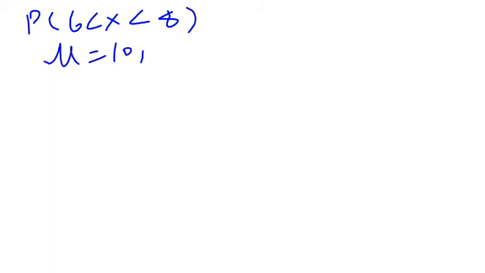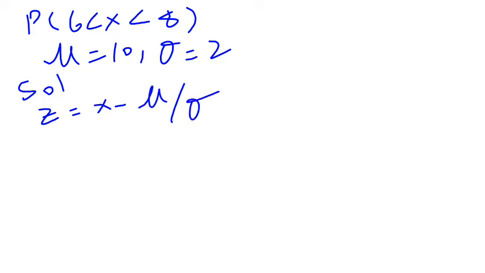The original problem was: find the probability that x is less than 8 and greater than 6 when mu is 10 and sigma is 2. Now I am explaining all the steps together. We write the formula z equals x minus mu over sigma.